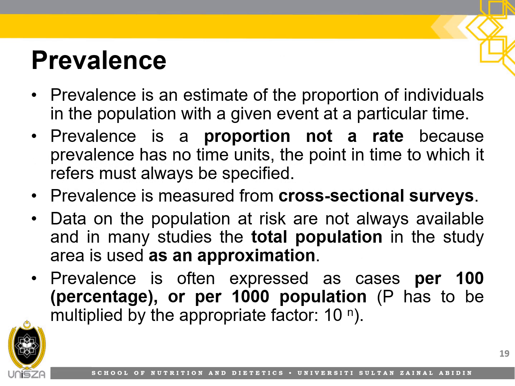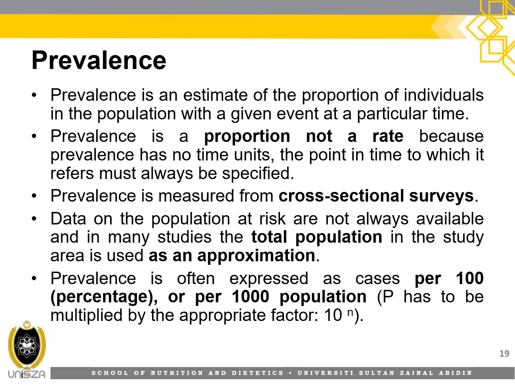Let's move to prevalence. Prevalence is an estimate of the proportion of individuals in the population with a given event at a particular time. So prevalence is a proportion, not a rate, because prevalence has no time units. The point in time to which it refers must always be specified. Prevalence is measured from cross-sectional surveys.